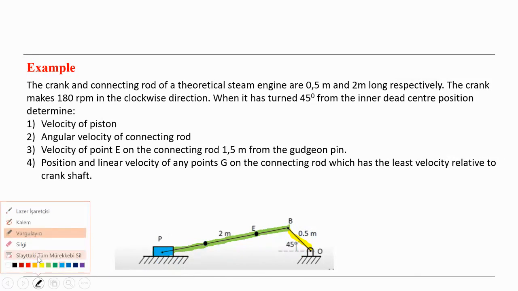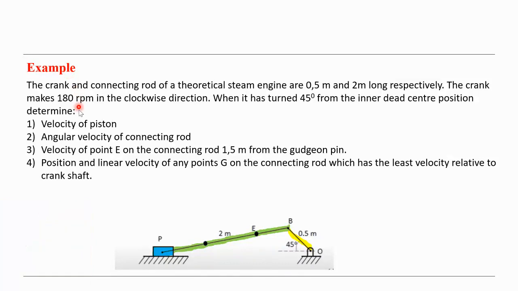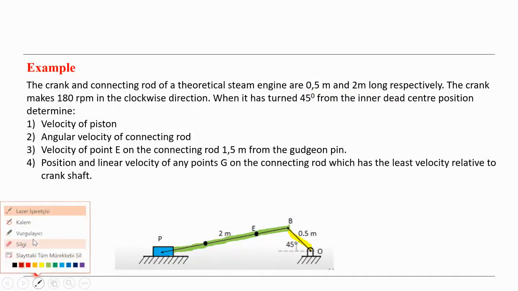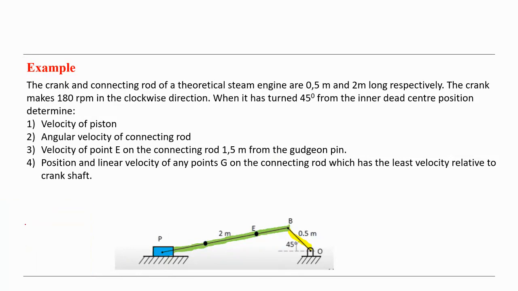So what is given? The crank and the connecting rod of a theoretical steam engine are 0.5 meter and 2 meters long. That means, let's write it here, 0.5 meter is the crank, 2 meters is the coupler. Okay, those are the givens.